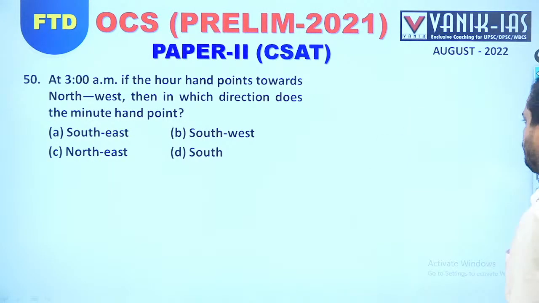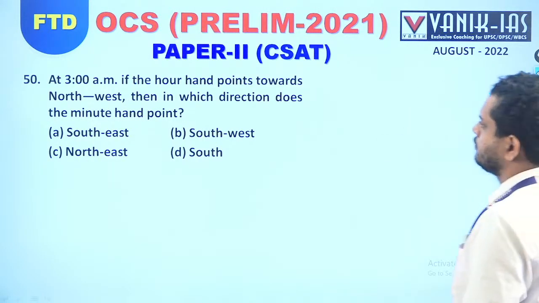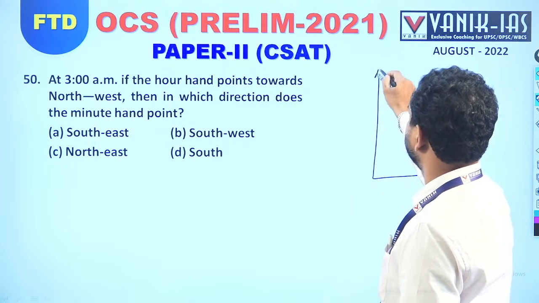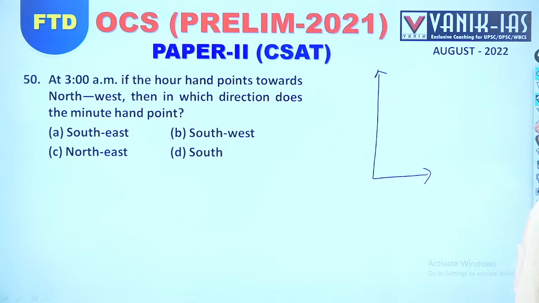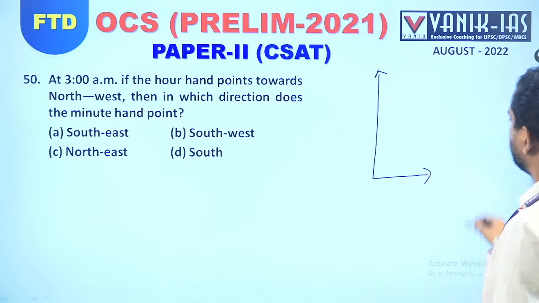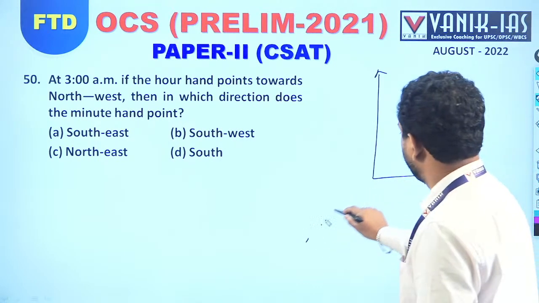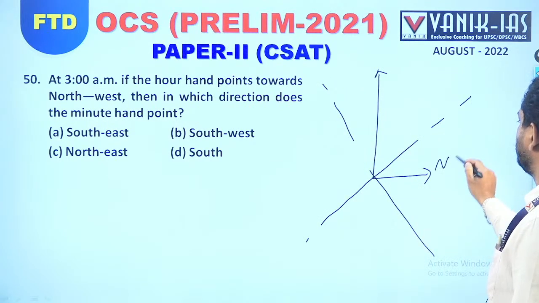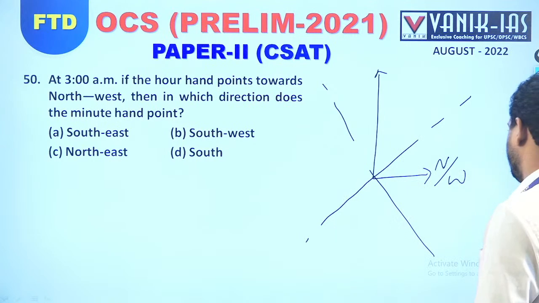Here it is a question from direction. Question is given 3 o'clock. If the hour hand point towards northwest, this one is northwest means what?